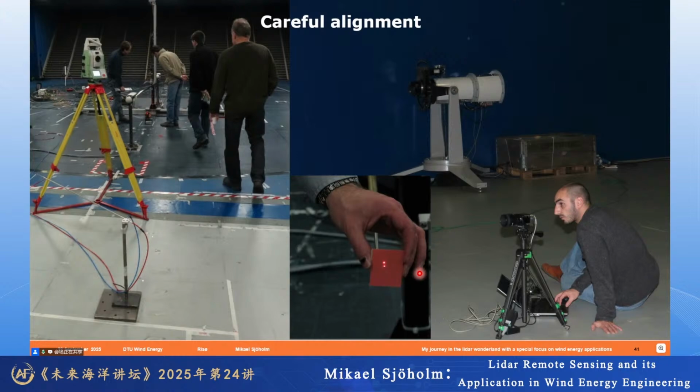But on this scale, it's even more precise alignment. You can see here a car that actually lights up, so you can see the beams, and you need to have very careful alignment, because the things we are studying are, in this case, small model turbines that are just less than a meter in diameter.